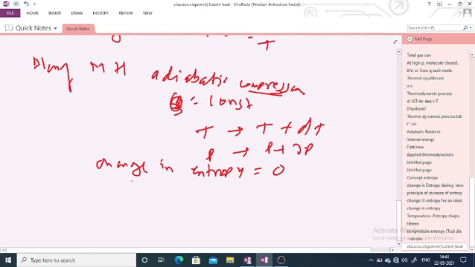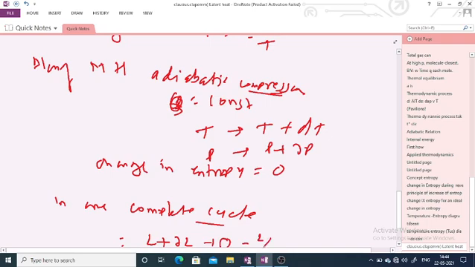Now during the cyclic process, in one complete cycle, how much energy is absorbed by the system? There are two processes where the exchange of heat is done. One is L plus dL, the amount of heat absorbed. The second step is 0. The third step is minus L. Only L, not taken with change in entropy, minus L minus 0.